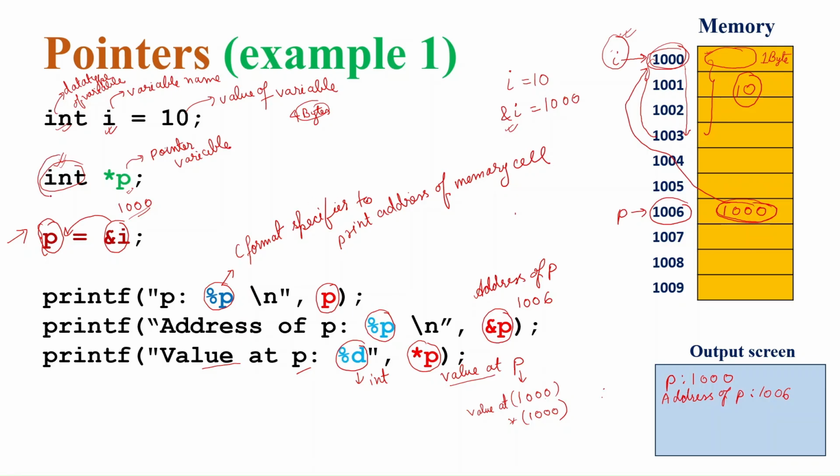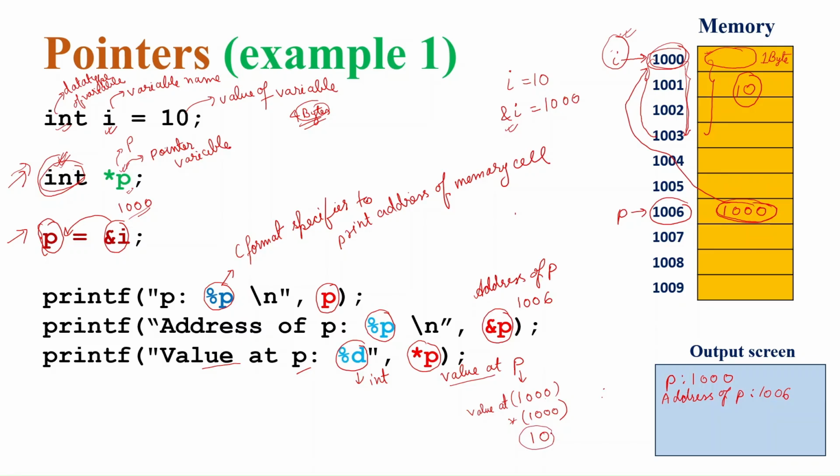From the data type: int star p says that pointer p is storing an integer variable's address. Integer occupies 4 bytes, so p knows it has to take the 4 memory cells' value. Value at 1000 is 10, and this will be returned and printed on your screen.